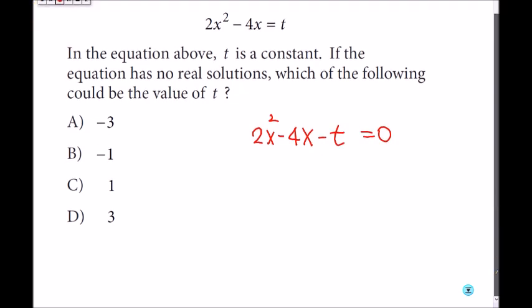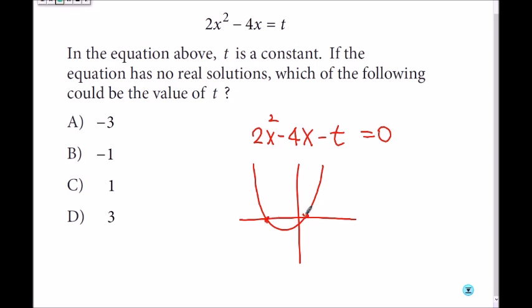No solutions. So let's look at the first term. This is how much you shift up and down, right? If you look at 2x squared minus 4x, it must look something like this if it had a solution, right? Going over this, it opens up.